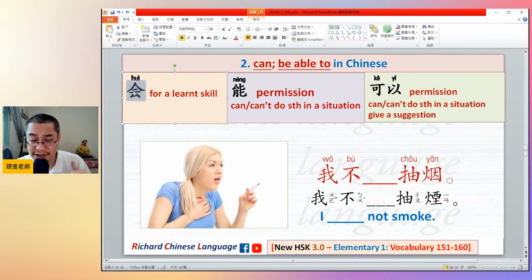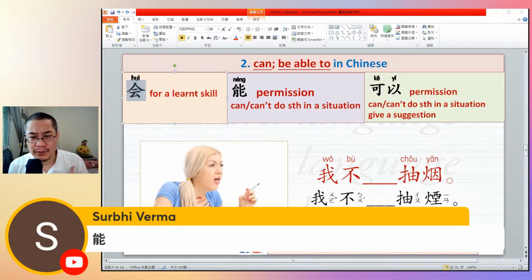When you use 能, you're talking about a skill you are learning. So you're learning how to smoke, but you don't know how to smoke yet, right? Okay, very good. 我不会抽烟 Okay, how about when I say 我不能抽烟 That means you know how to smoke.